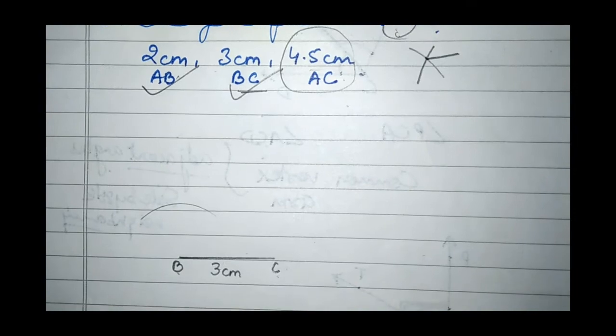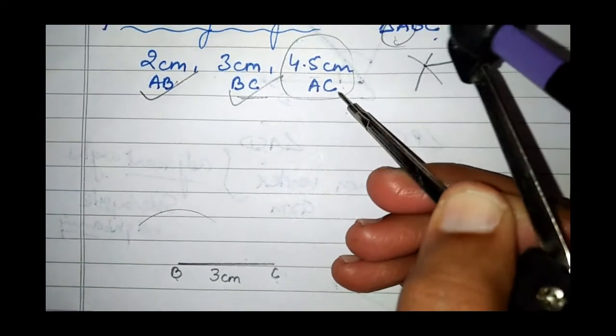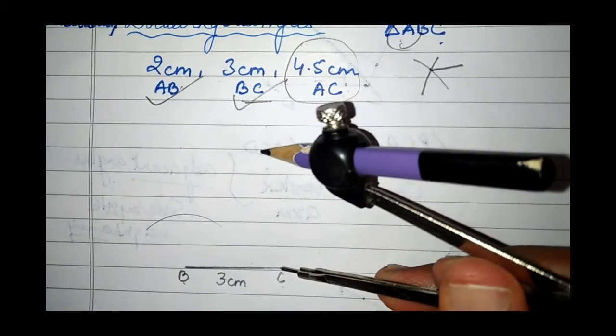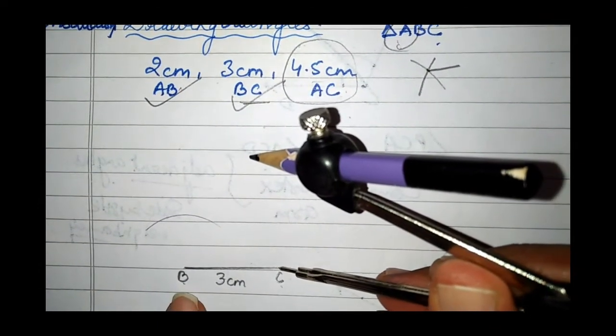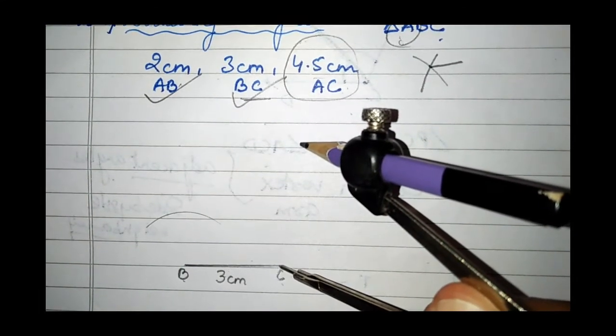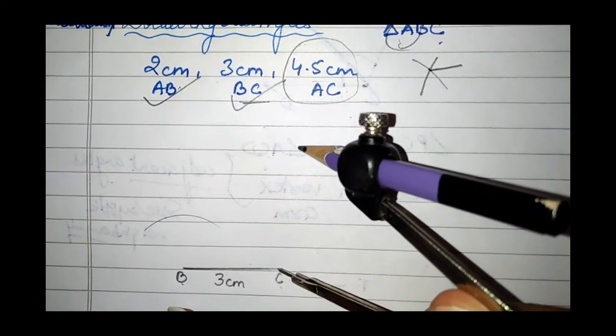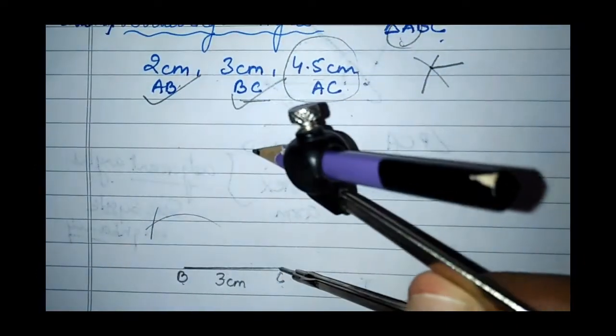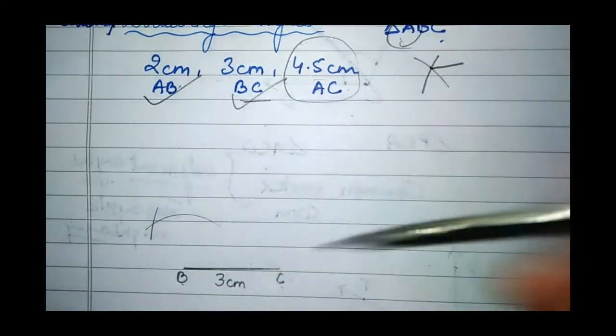Now the points are A and C. A is not there, so I will definitely put it on C. Nothing to do with B. Always remember, dear, when the line segment is AC, I should have either A or C. Nothing to do with B. So A was not there, so I will put it on C and make an arc such that it intersects the previous arc. I will make the arc like this.